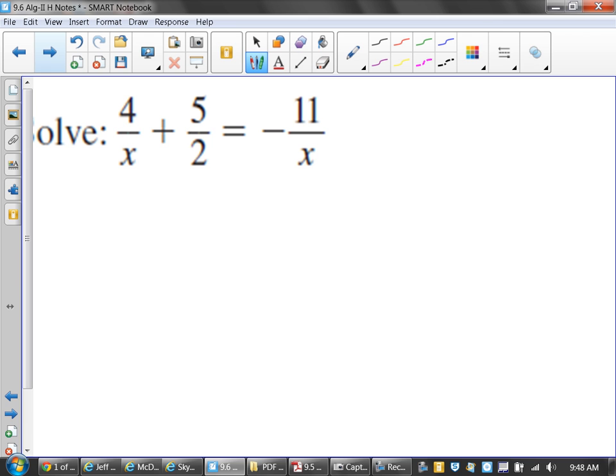So in this case here, it says that it equals negative 11 over x. Sometimes I think it's a little bit easier if you write it as negative 11 divided by x. That way you don't forget there's a negative there. I think it just happened because of the typesetting. But just so you guys are aware of it. All right. So we have 4 over x plus 5 over 2 is negative 11 over x.